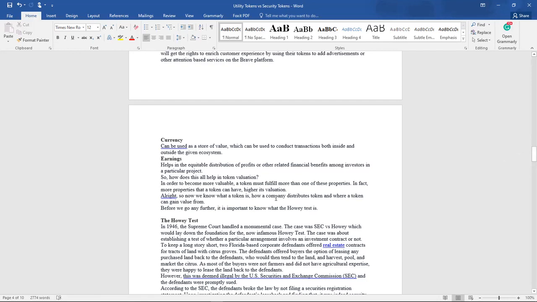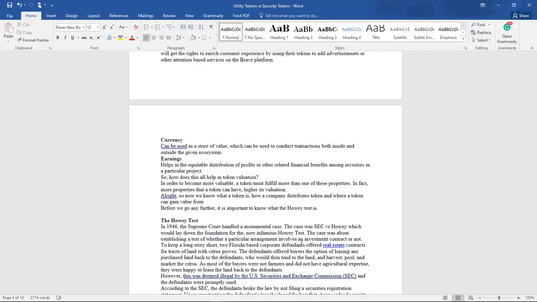So now we know what a token is, how a company distributes a token, and where a token can gain value from. Yet we will have to hold off a little before we dive deep into utility and security tokens.